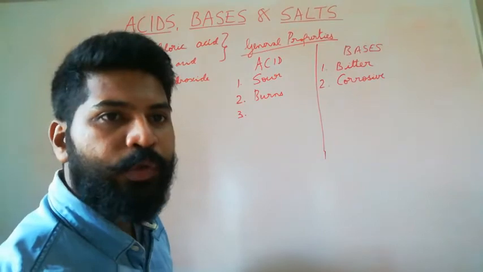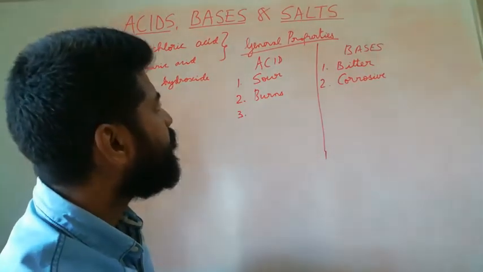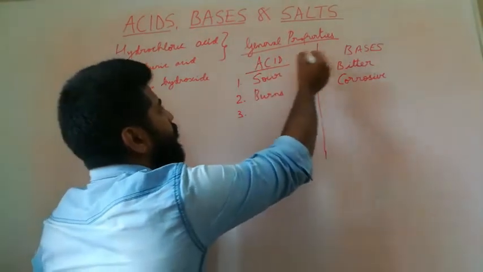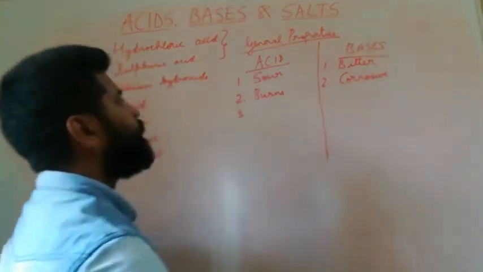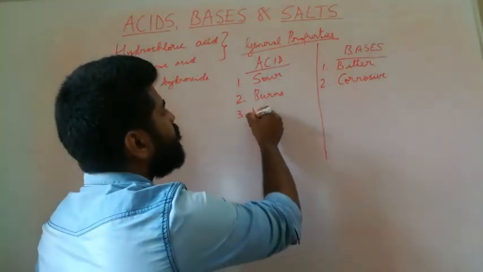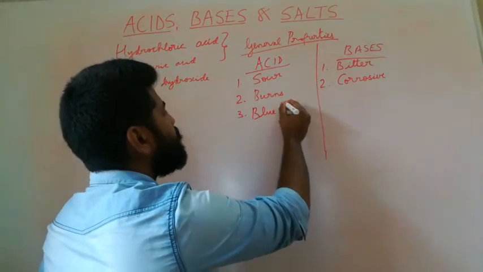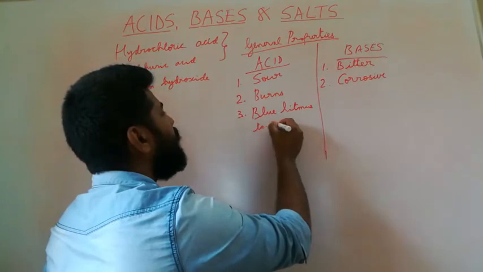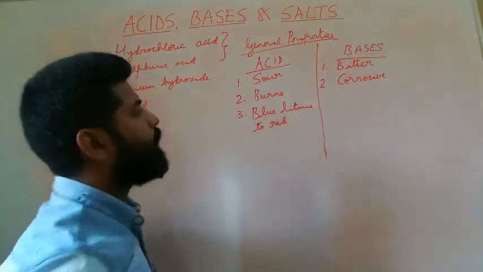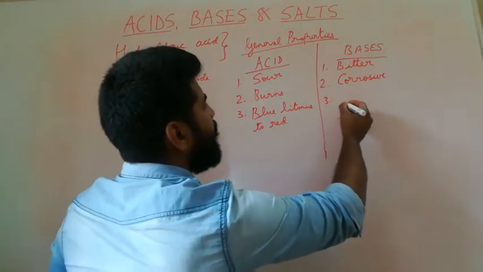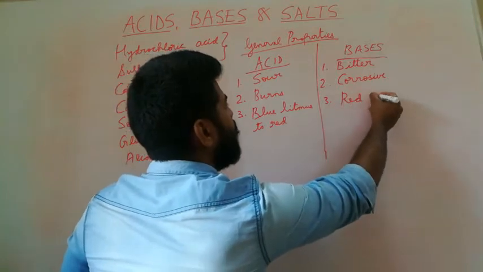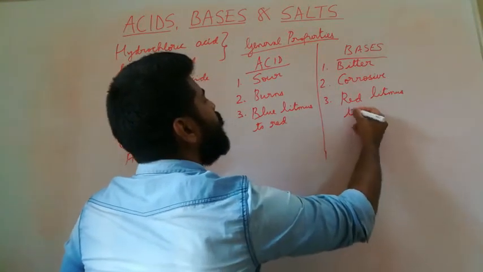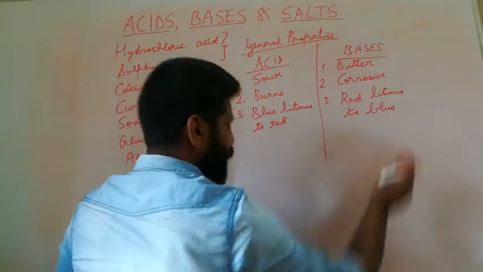When we do a litmus test, if a substance is an acid, it will turn blue litmus paper to red color, whereas if it is a base, it will turn red litmus paper to blue.